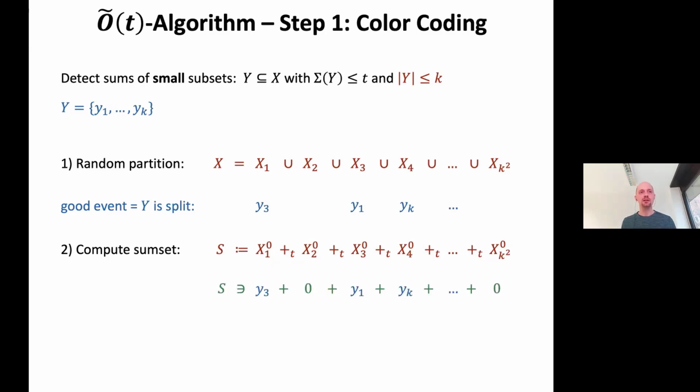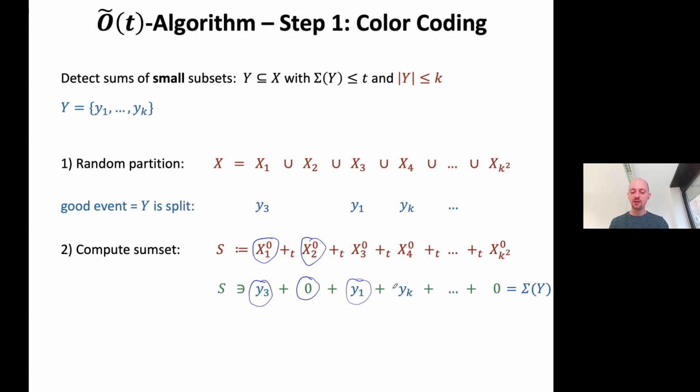Then the sum set that we compute will contain the sum of this subset Y, right? Because in this bucket, we can pick any item in here. In particular, we can pick y3. And pick any item in here. In particular, we can pick 0 because we added it explicitly to each bucket.